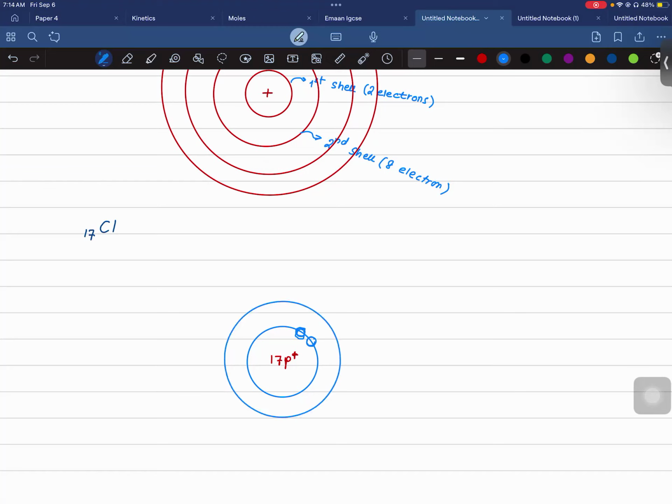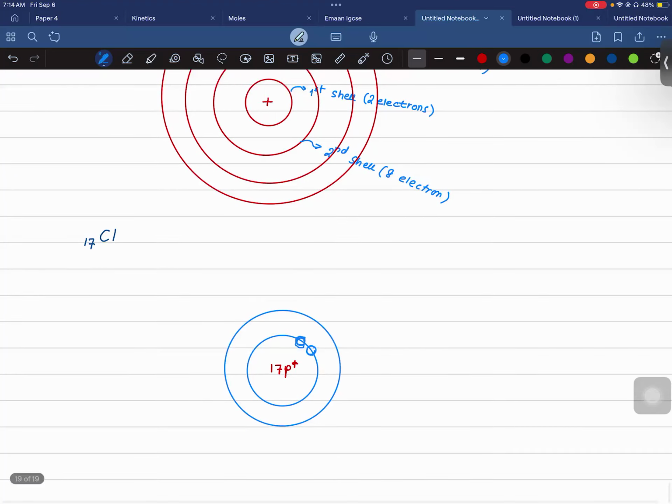The maximum capacity of the second shell is 8 electrons. So 2, then 4, then 6, then 8.